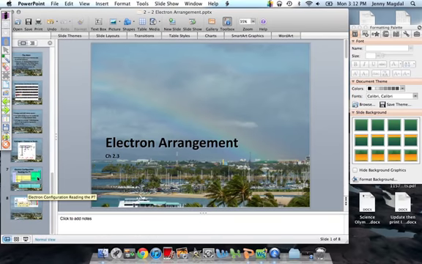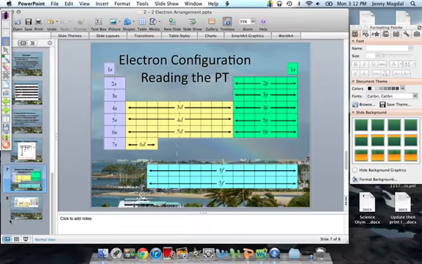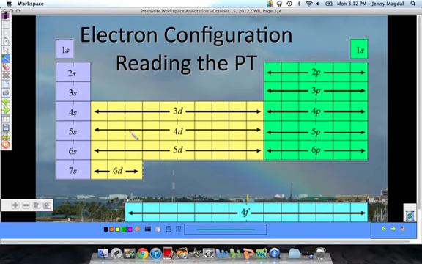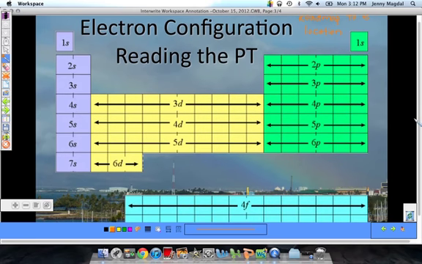So if we look at a periodic table, we're going to be able to determine what an electron configuration is for a specific element. And the electron configuration is basically the roadmap to where the electrons are. Notice a few things on this periodic table before we move on to describing what the different things mean.